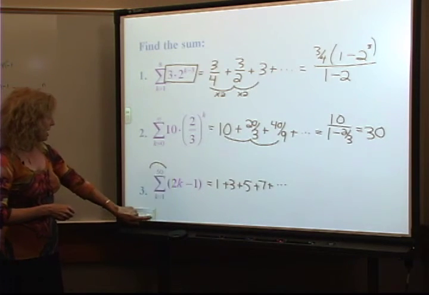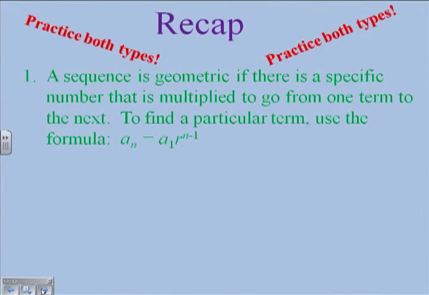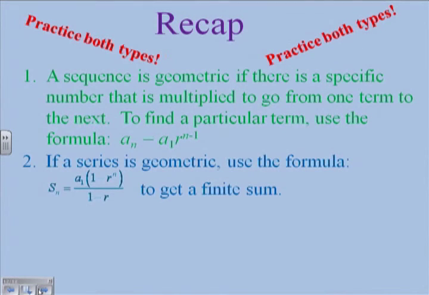And that's why in our summary here, I said make sure you practice both types. You might want to put some on index cards, some arithmetic, some geometric, so you mix those up. And you have to look at them and first decide, is this one arithmetic, is it geometric, or heaven forbid, is it neither? Okay? Now, in the case that it is geometric, to get to the nth term, you have a formula.